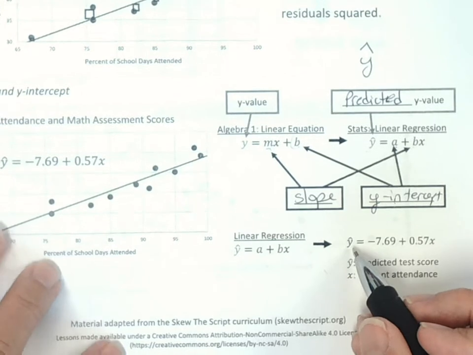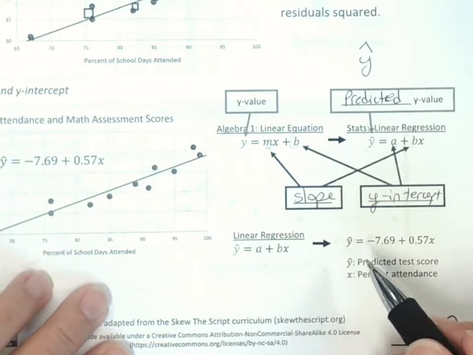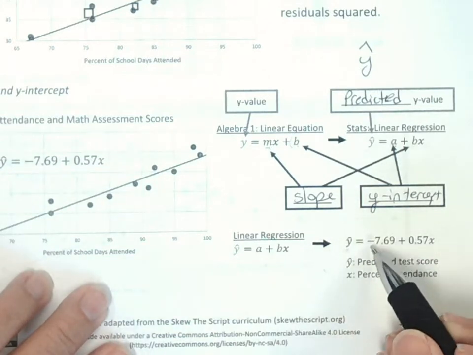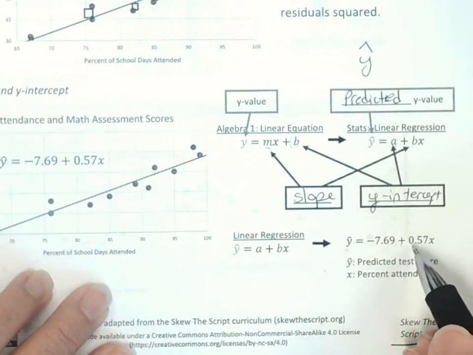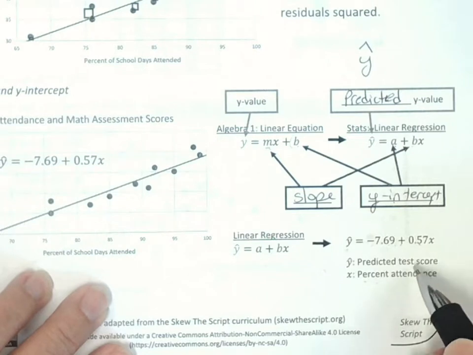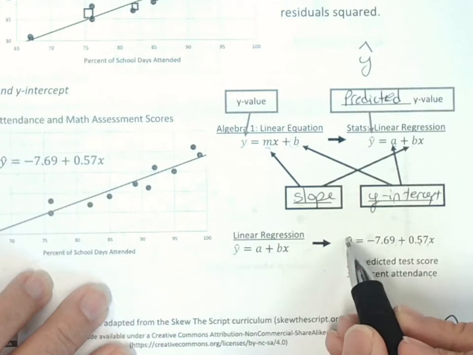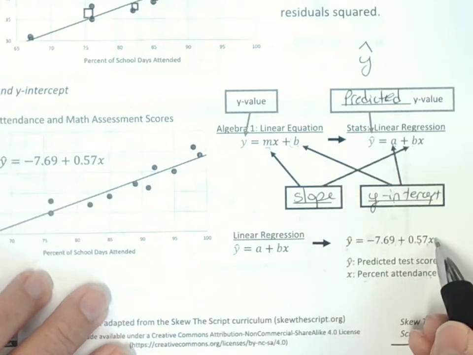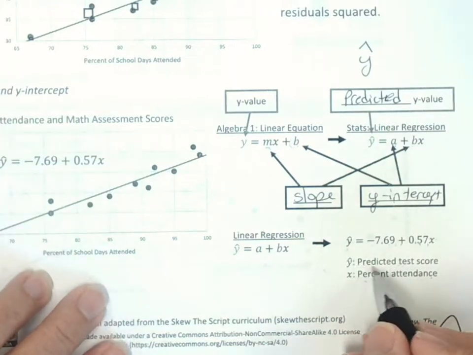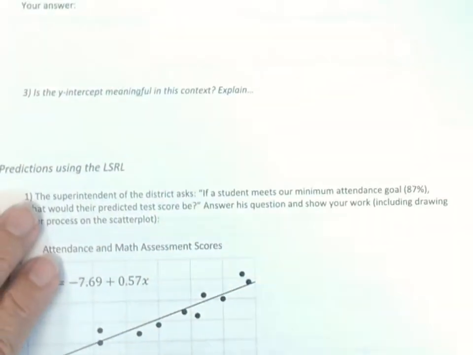So y hat, and anytime we write this out and you're asked a question about what the least squares regression line is, we would say the predicted test score is given by negative 7.69 plus 0.57 times the percentage of attendance. So you have to make sure you're identifying the variables. You can put predicted test score right here, and you can put the percent attendance here, or you can write them below like it's done here. But that word predicted has got to be in our answers. Okay, let's go on to the next page and take a look.